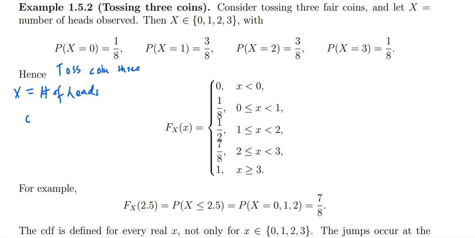Then we will have 0, 1, 2, 3. For 0, we will have only one outcome, all tails. And for 3, we have all heads, which is also just 1. And for 1, we will have 3 out of 8. For 2, we will have 3 out of 8. So this is the table.